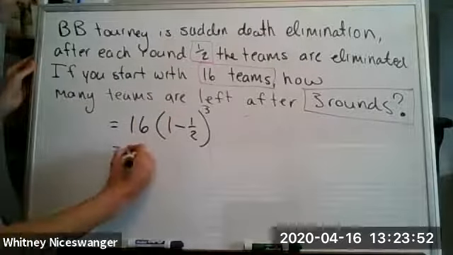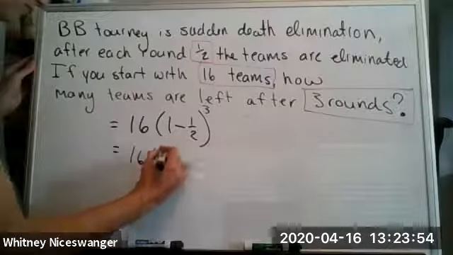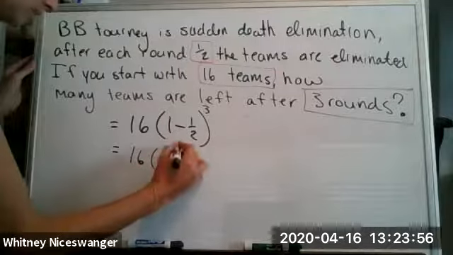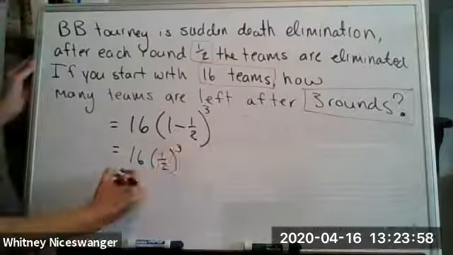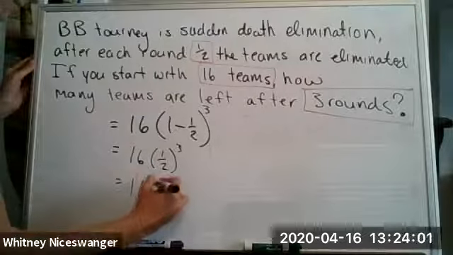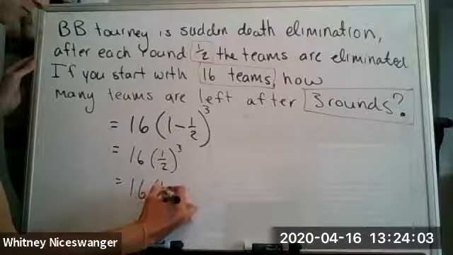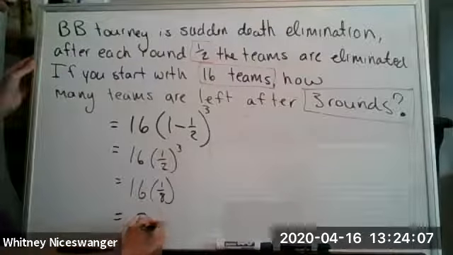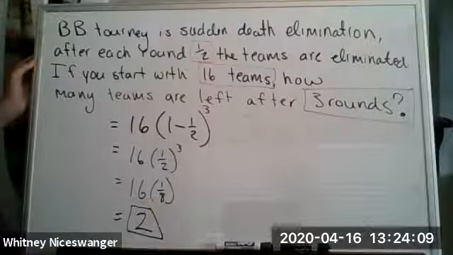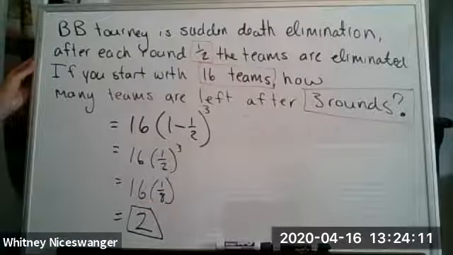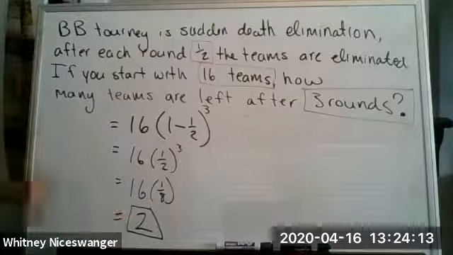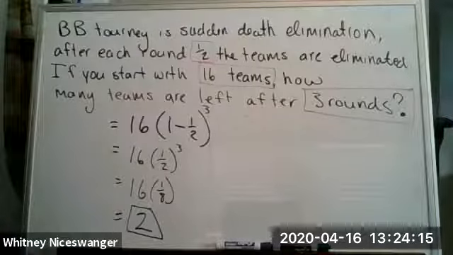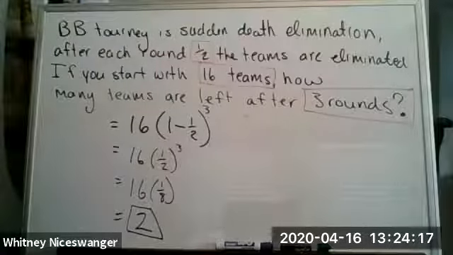So when we simplify this, we end up with 2. So after 3 rounds, we only have 2 teams left. We'll play that 4th round and the tournament will be over. Okay, so that's an example of exponential decay.